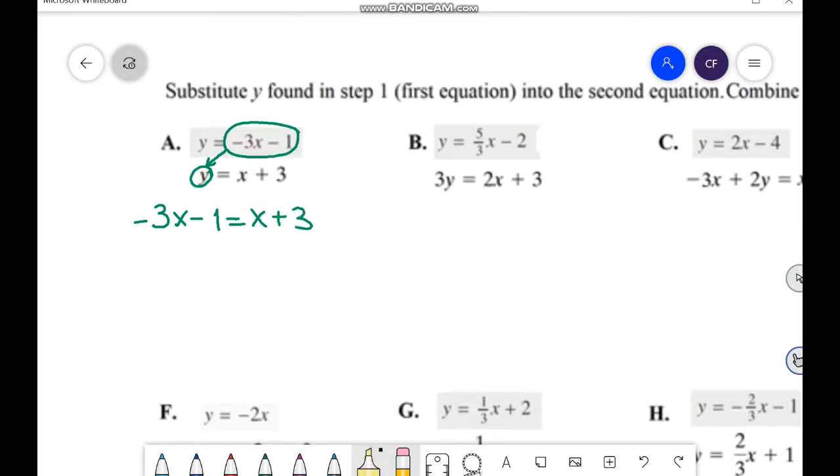And there are no more simplifications, no distributive property, no like terms. That's it. This is everything that we can do. That's all we can do for step number 2. This is going to be the answer for today's quiz. This is step number 2.